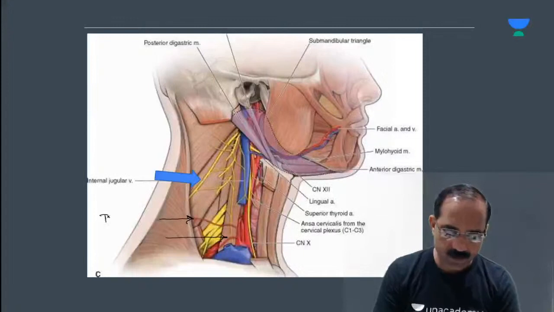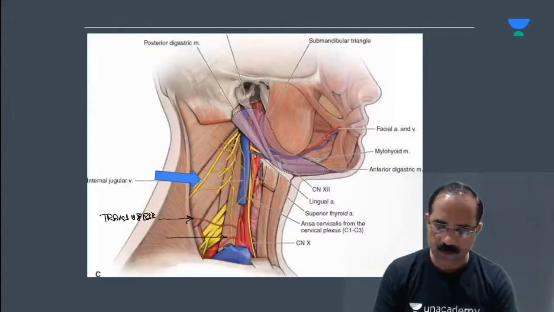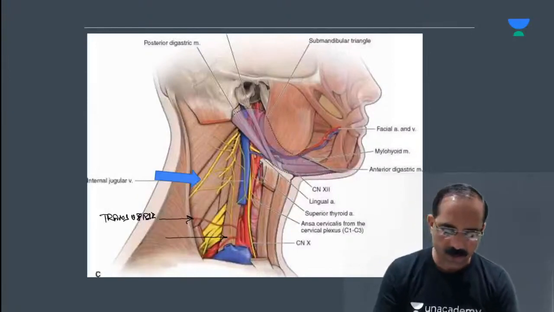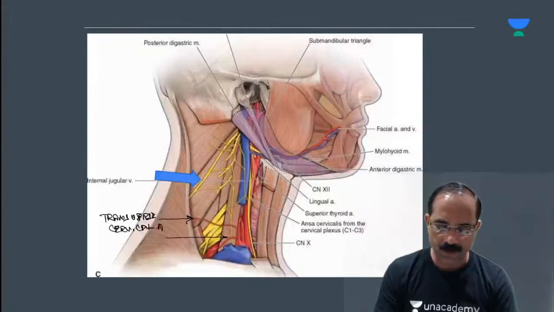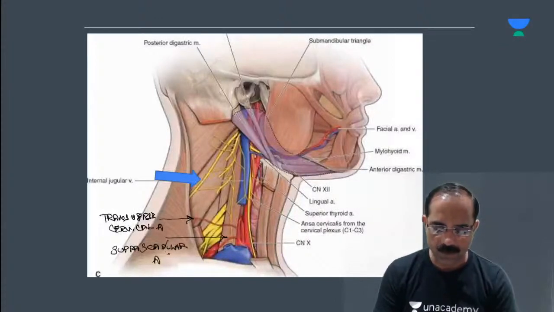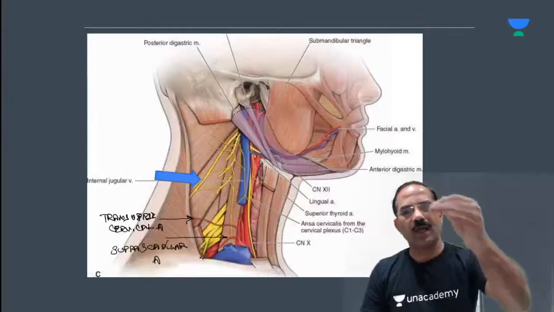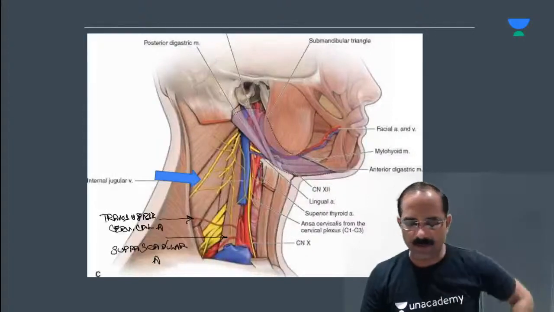This is the transverse cervical artery, you have to know this, and this one is the suprascapular artery. Transverse cervical artery and the suprascapular artery.